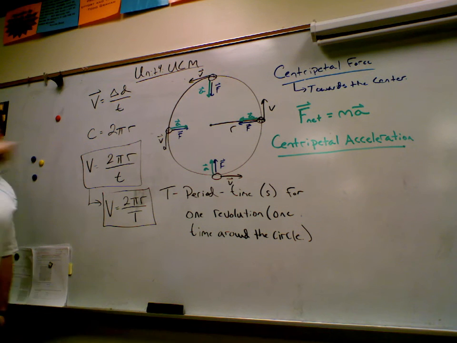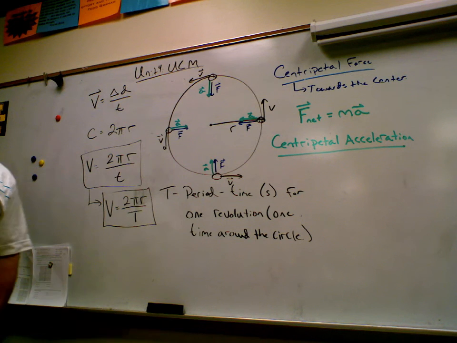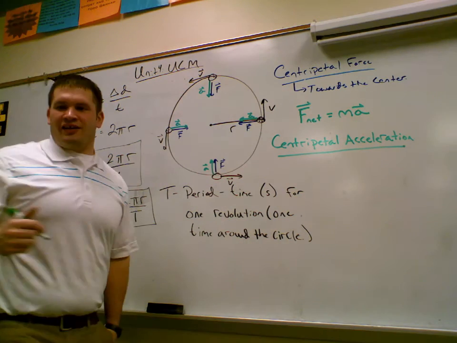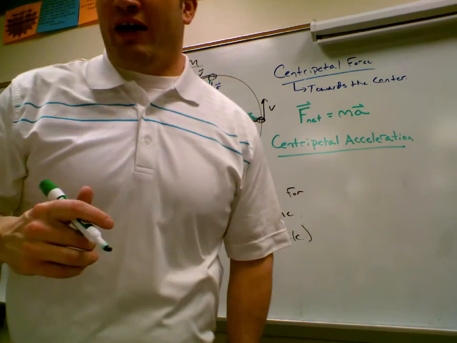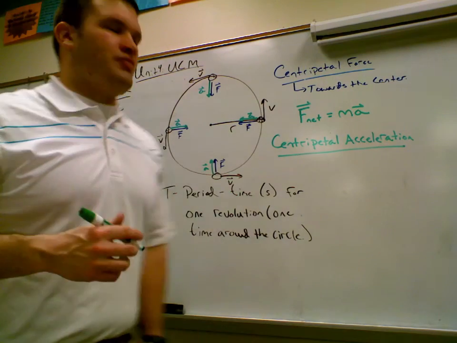All right. Centripetal acceleration. Which way is this pointing? Towards the center. Okay. Now, there is a long geometric proof, which I'm not going to go through here. It's on page 153 and 154 of your book.